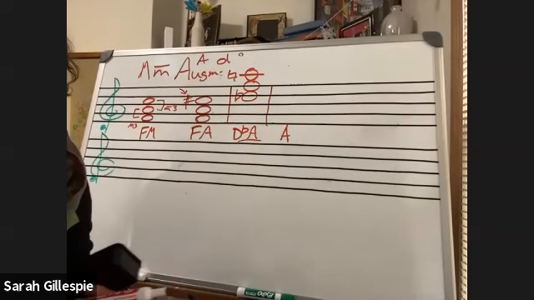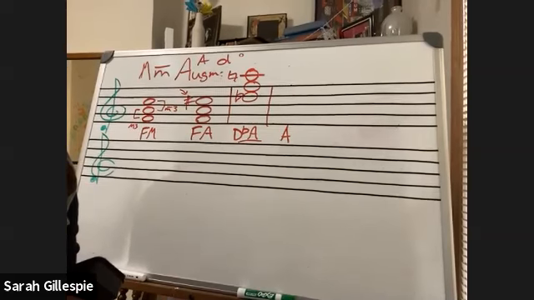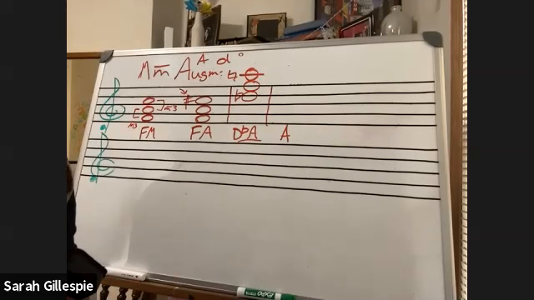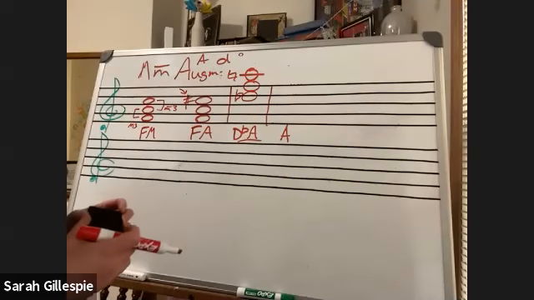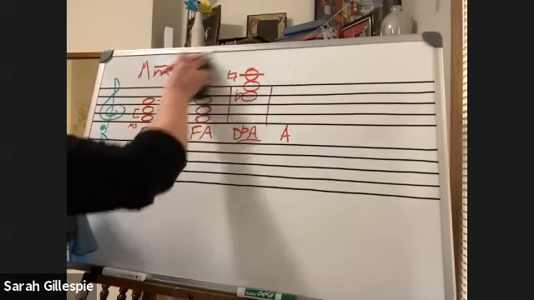So who would like to build this one? Don't all jump at it at once. I'm just going to call on y'all because no one wants to speak. Maya, build me an A augmented triad. Root is A, yes.